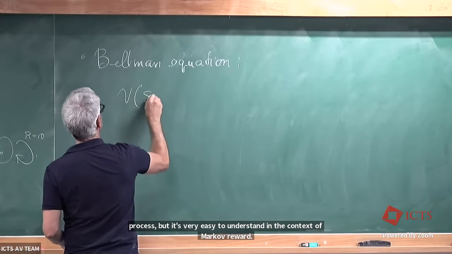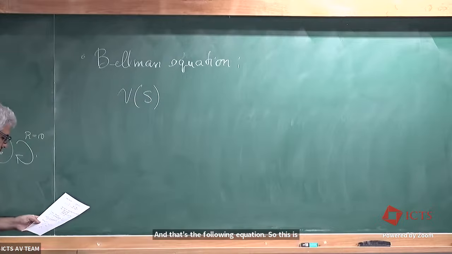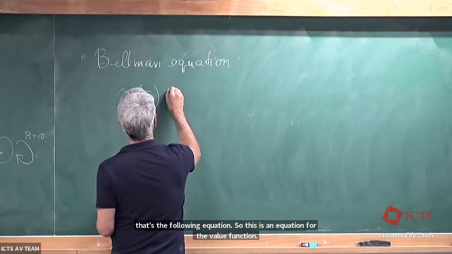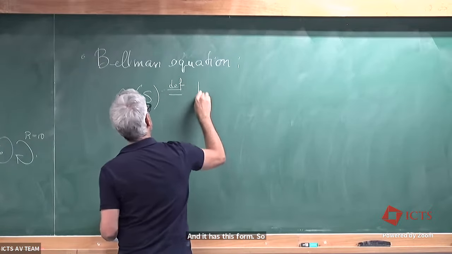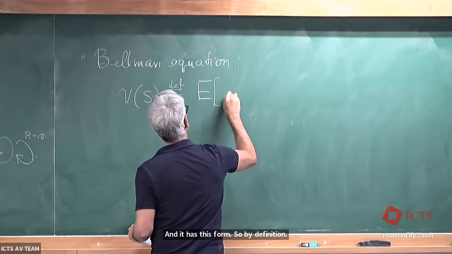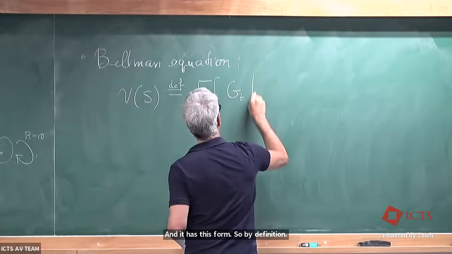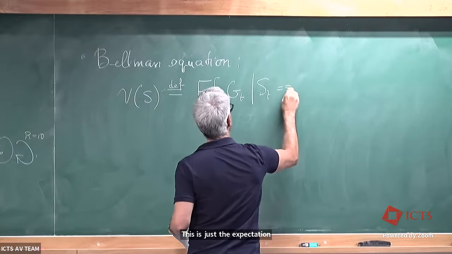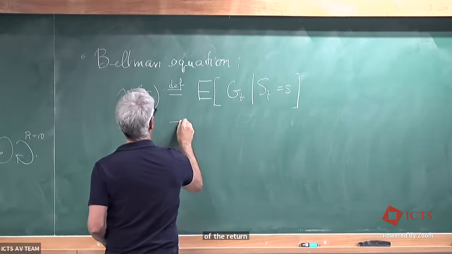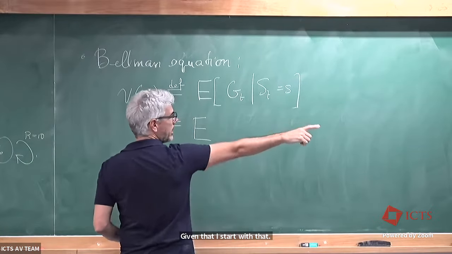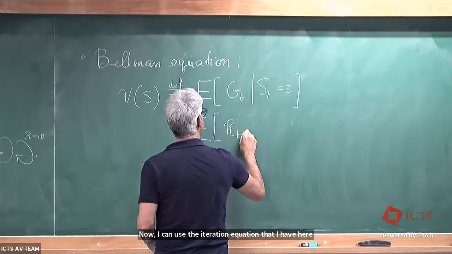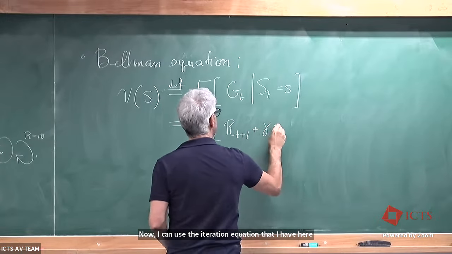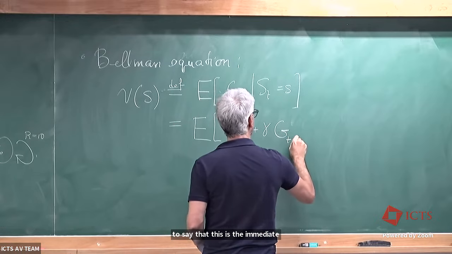So this is an equation for the value function, and it has this form. By definition, this is just the expectation of the return, given that I start with that. Now, I can use the iteration equation that I have here to say that this is the immediate return plus gamma, the full return.